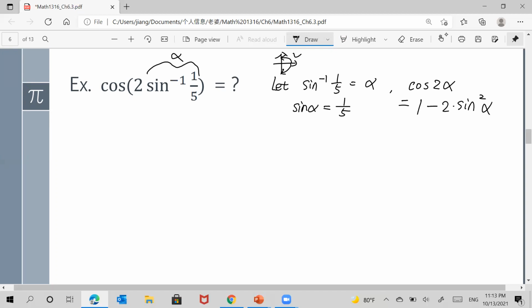I'll write more information here. 1 minus 2 times sine alpha squared, that means 1 minus 2 times 1 over 5 squared, which is 1 over 25. That's 1 minus 2 over 25, which is 23/25. So this is the final answer for this question.